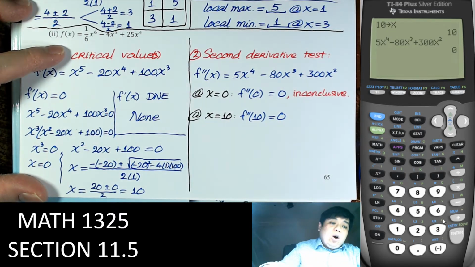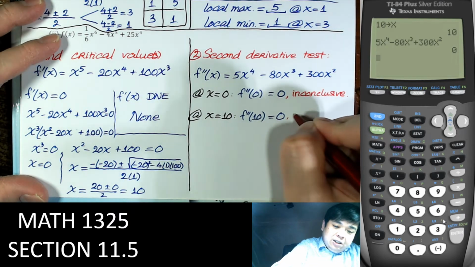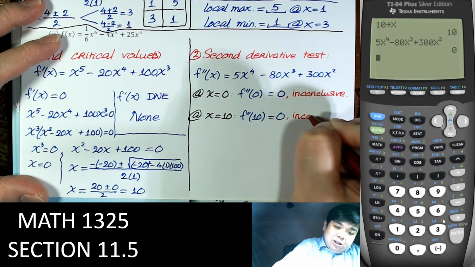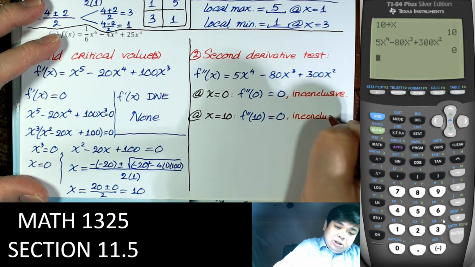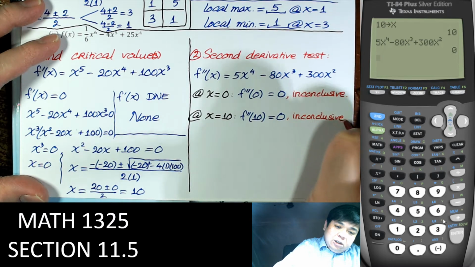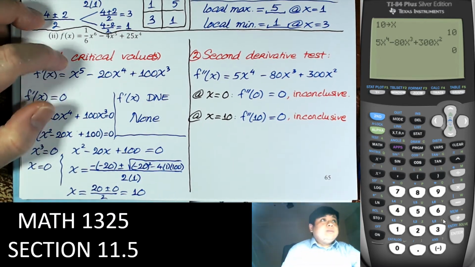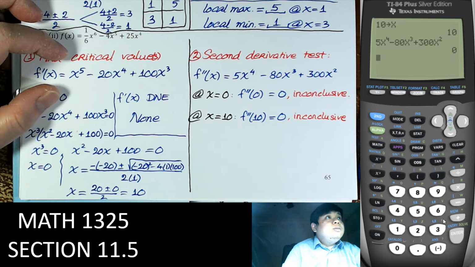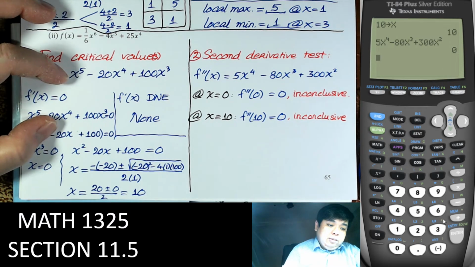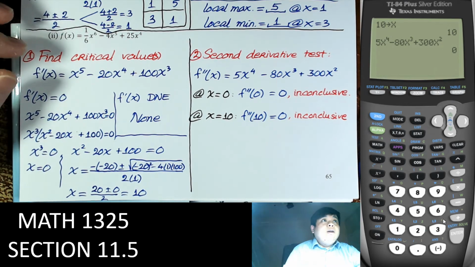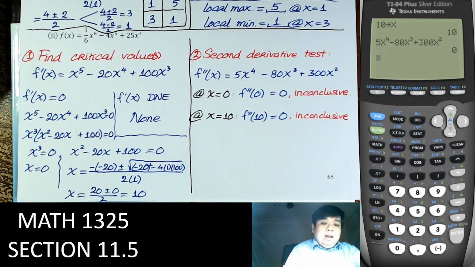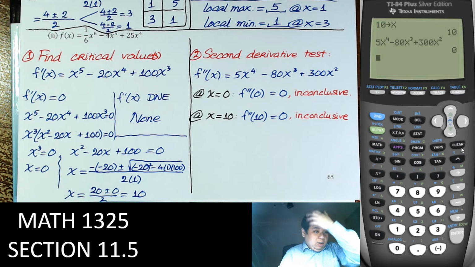That is also inconclusive. Right? So when the second derivative is equal to 0, it's inconclusive. Now, if we use the second derivative, that just doesn't work. We have to use the first derivative test.